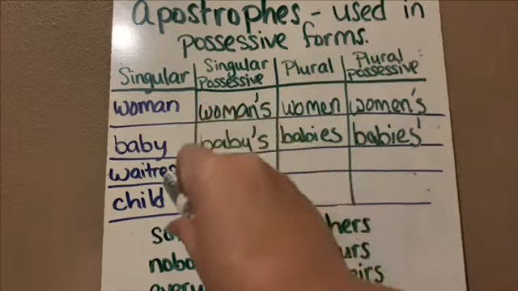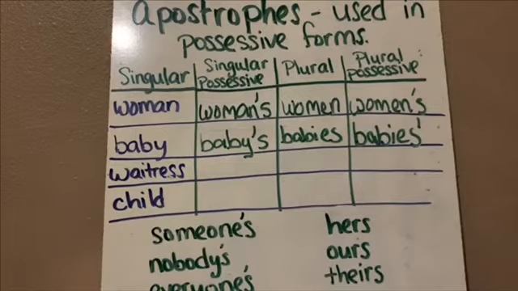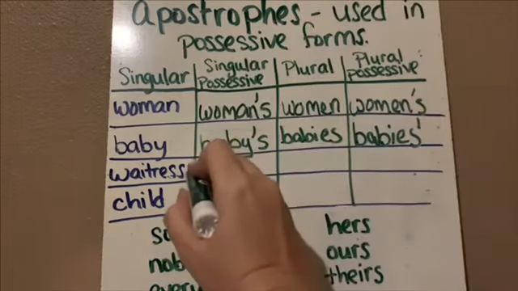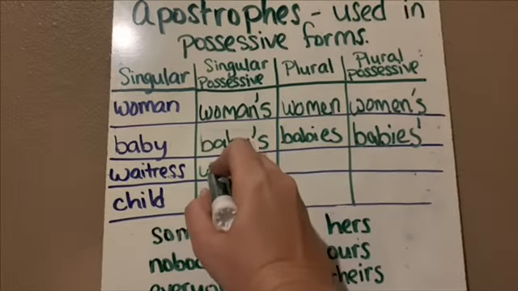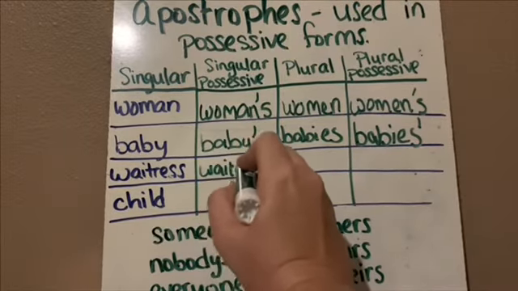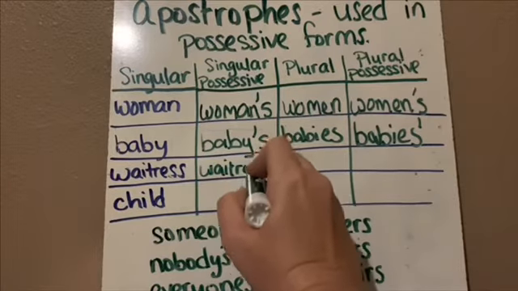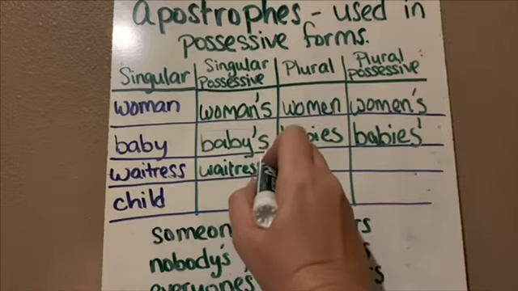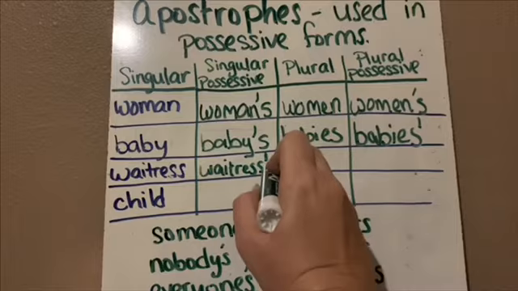All right, so we have the word waitress, okay? If I am talking about the waitress's table, that's one waitress, her table, then I'm going to add, I'm sorry, I'm having to do my video a little bit different today, and it's kind of hard.